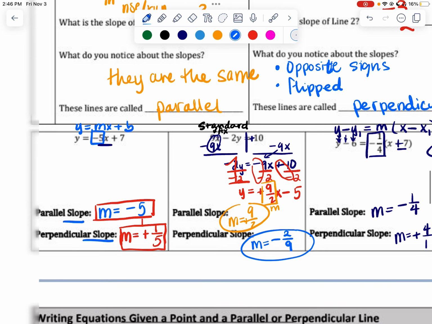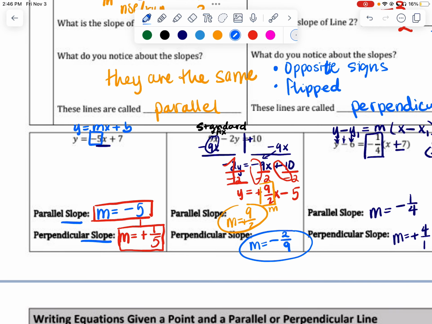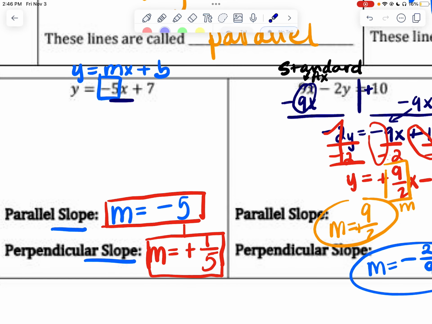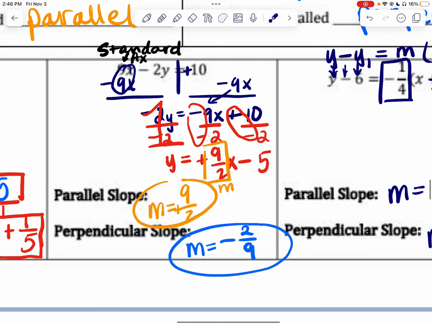Okay. Now we can see the relationship here, right? Parallel, same slope. So if I start with negative, this is still negative. If I start with negative and I want perpendicular, now it's positive. So let's talk about that for a second, because that is really important to know.